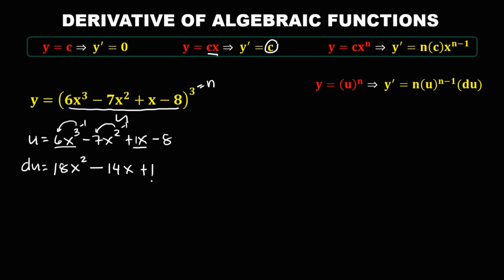So this is 1. And the derivative of a constant is 0. So du is 18x squared minus 14x plus 1.